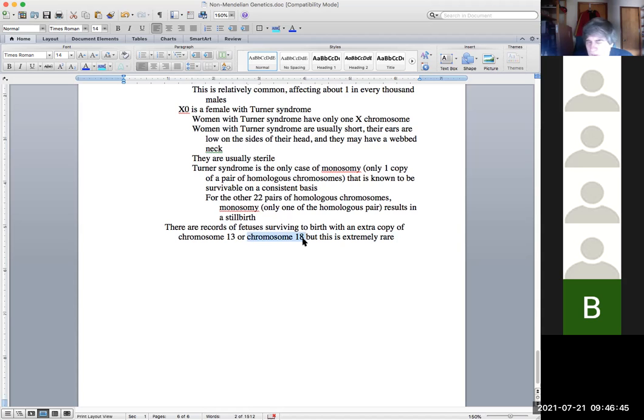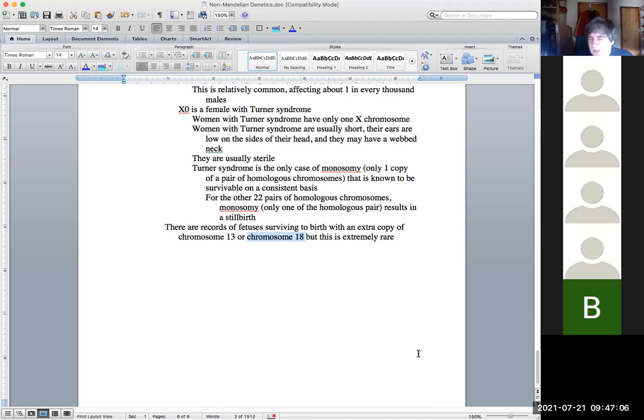But most fetuses that get 1 copy of chromosome 13 or 1 copy of chromosome 18 don't survive to be born alive. So if you get extra copies, or if you don't get enough copies of the chromosomes, this is usually fatal with a few minor exceptions.